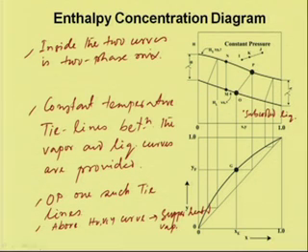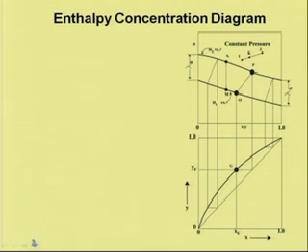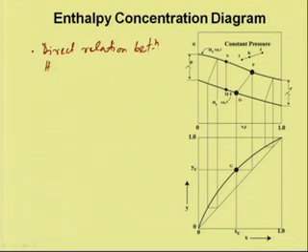Now, there is a direct relation between the HXY curve and the XY equilibrium diagram. So, if we have the enthalpy concentration relationship, we can have a direct relation between HXY and XY diagrams.